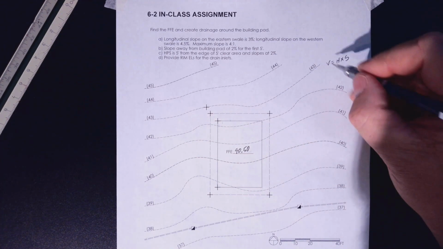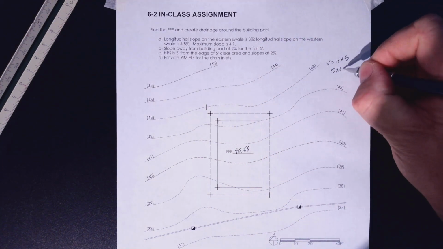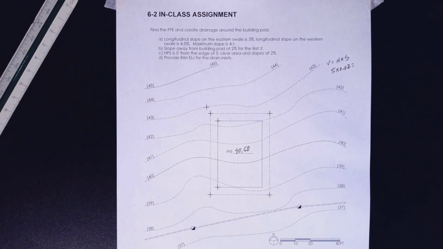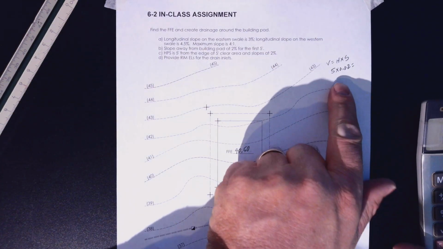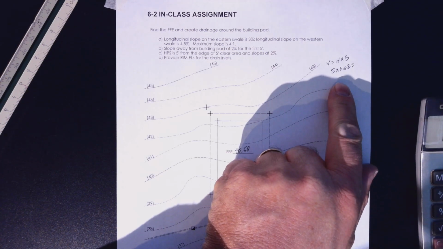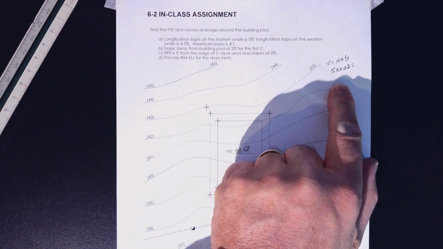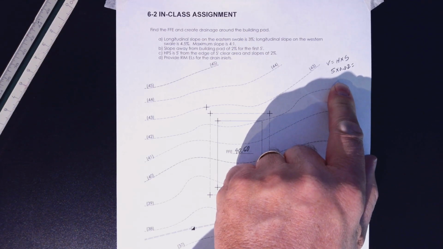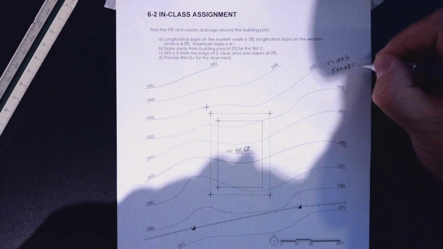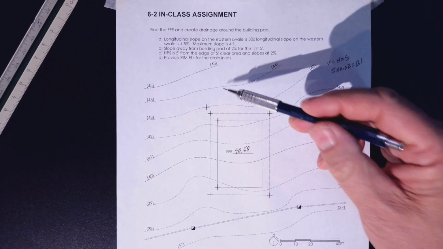We're going 5 feet horizontal, multiply that by 2%, 0.02. 5 times 0.02 equals 0.1. So if this is 40.5 at all four corners, this is going downhill.